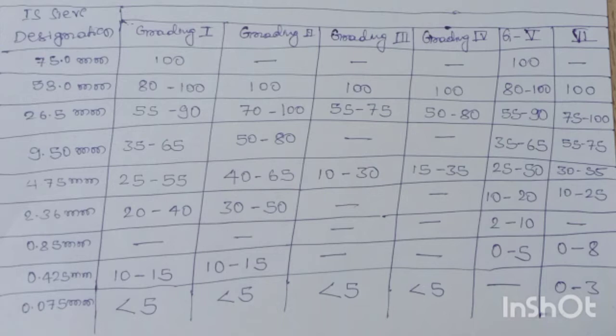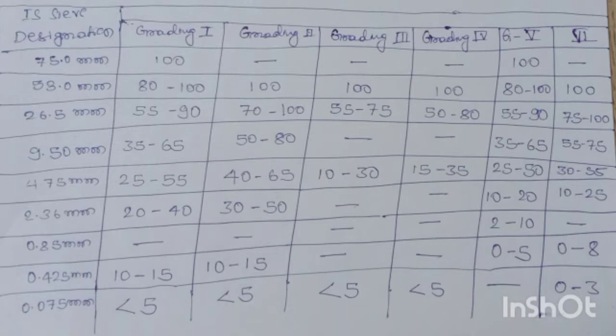For 2.36 mm sieve designation, grading 1 20 to 40%, grading 2 30 to 50%, grading 3 nil, grading 4 nil, grading 5 10 to 20%, grading 6 10 to 25%.